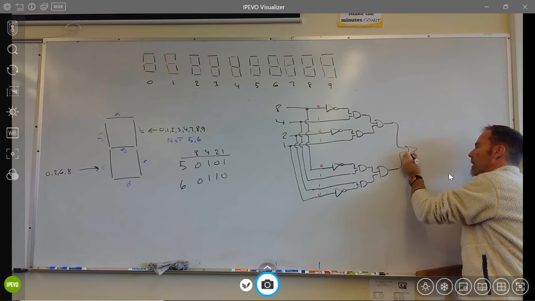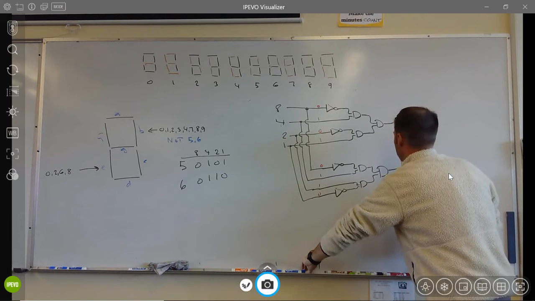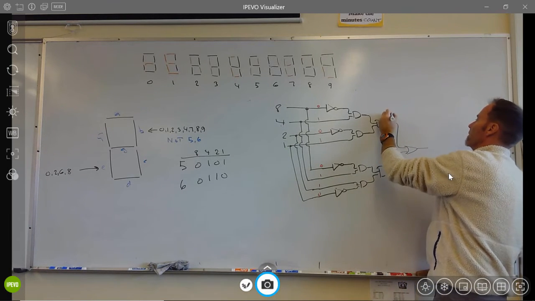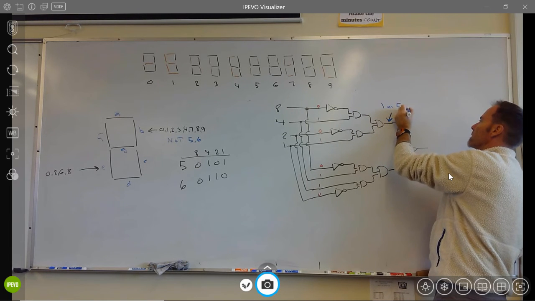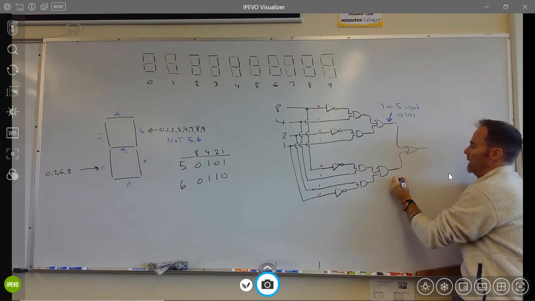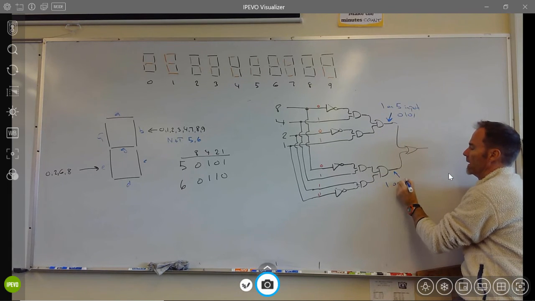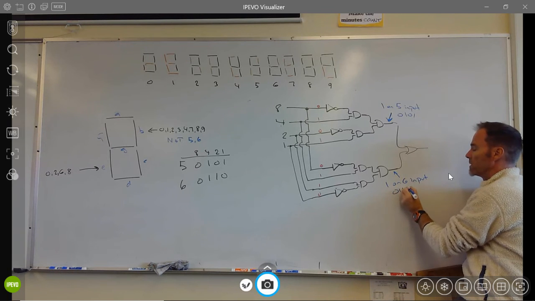OR gate them together. So this guy is 1 on 5 input, which is 0, 1, 0, 1. Here I have a 1 on a 6 input, which is 0, 1, 1, 0.